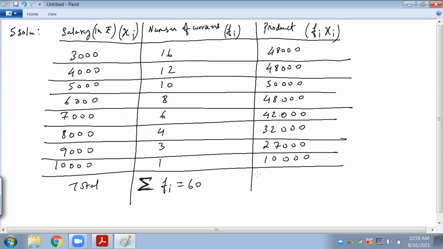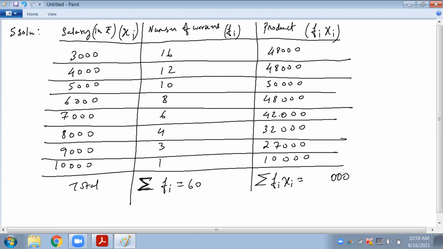So if you add up, the total of Fi Xi, sum of Fi Xi, will be equal to... We'll add it. Three zeros are there, write it. Then add 48, 48, 50, 48, 42, 32, 27, 10.